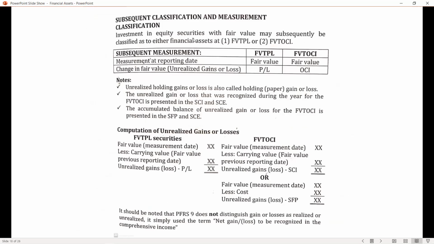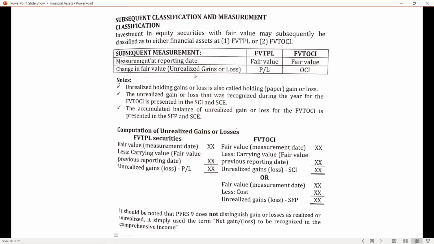Next, we have here the subsequent classification and measurement. So, investment in equity securities with fair value may be subsequently classified as either financial asset at FVPL or FVOCI. So, ano nga ibig sabihin ng FVPL? Fair value through profit and loss, and FVOCI, fair value through other comprehensive income.